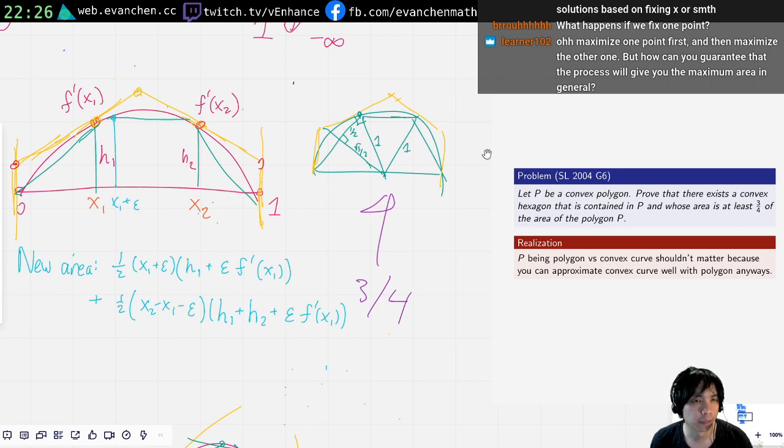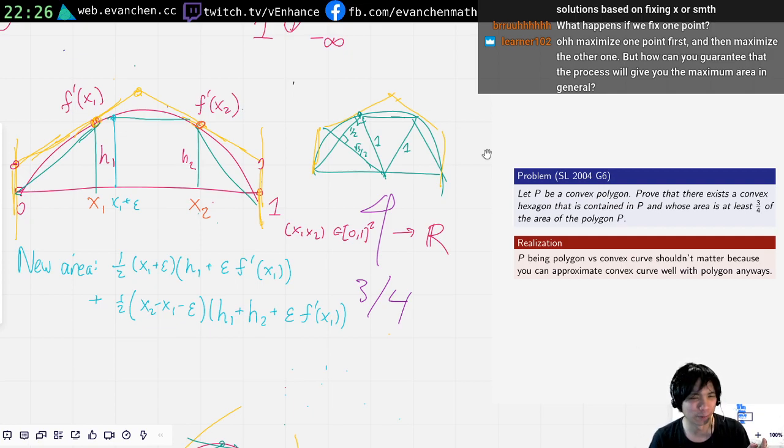Maximize one point first and maximize the other one? No. I'm going to maximize both simultaneously, and the reason I can do that is because I'm looking at a function that takes ordered pairs x1, x2 from [0,1] squared into R, the objective function, because the left hand side is a compact set. There's a maximum.